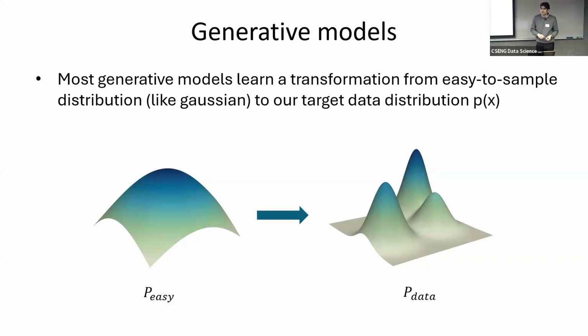This picture in mind will help us understand how the family of models which are very popular today come about. That is why I'm going to focus a lot of my discussion today on diffusion models, but there are other families of models and they have their own characteristics.